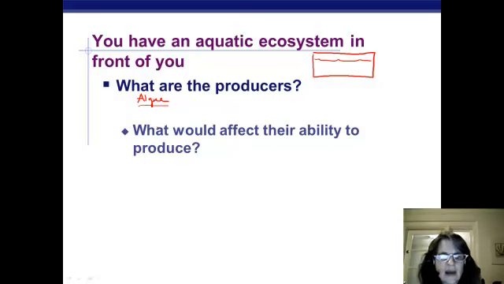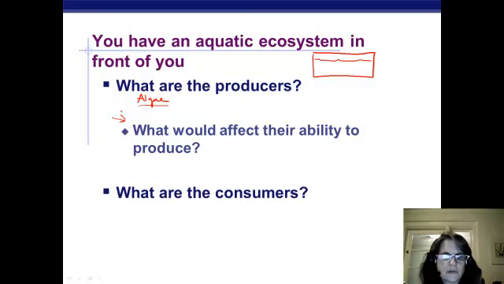Okay. Now, what would affect the ability of my algae to produce? Well, the amount of light available to them to do so, the amount of CO2 available to them. We know if we shut off their CO2 supply, they're going to be in trouble. There are all kinds of things that could affect their ability to produce glucose.